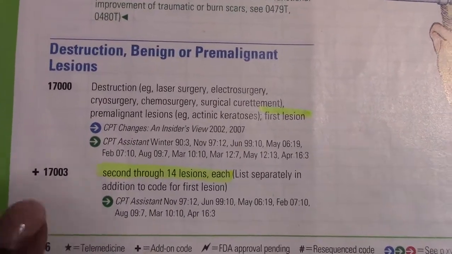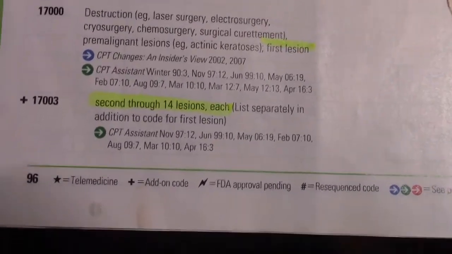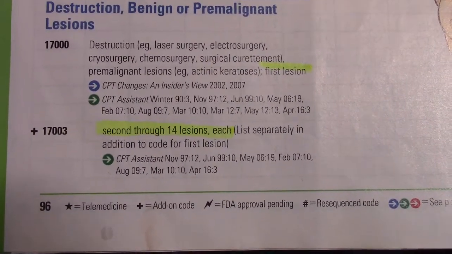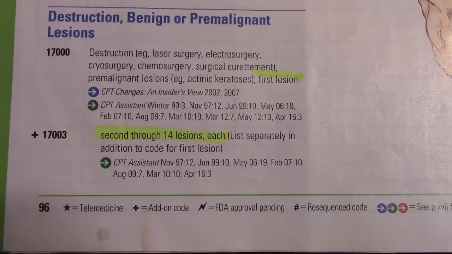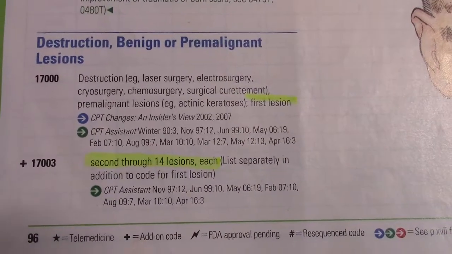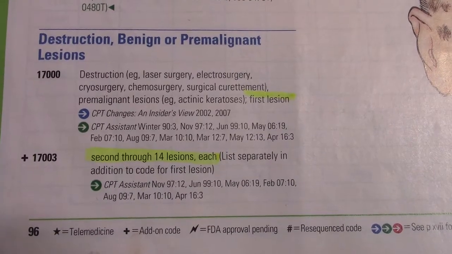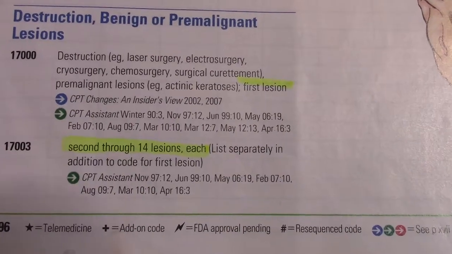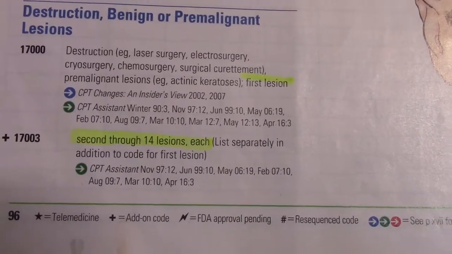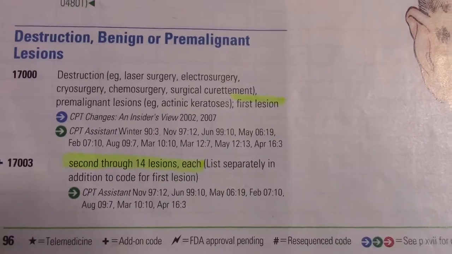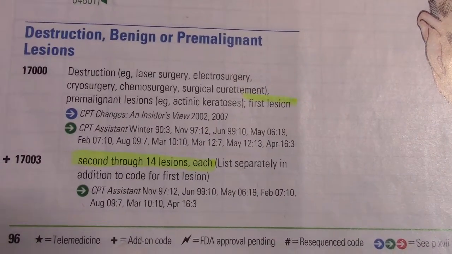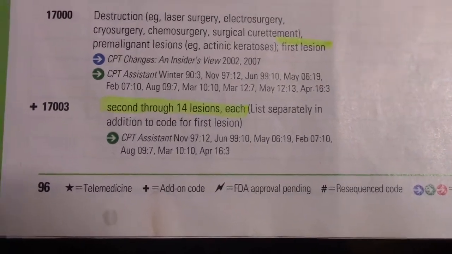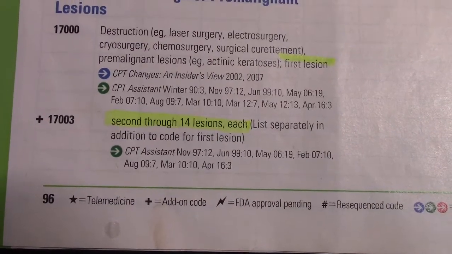The only time you can use code 17003 is if you're identifying removal of the 2nd through the 14th lesion. So again, it goes back to what I consider the mother code: destruction, whether it's laser, surgical, electrosurgery, cryosurgery, chemosurgery, surgical curettement. For the first lesion removal, you use that 17000, and any additional from 2nd through 14th, you have to use that add-on code 17003.